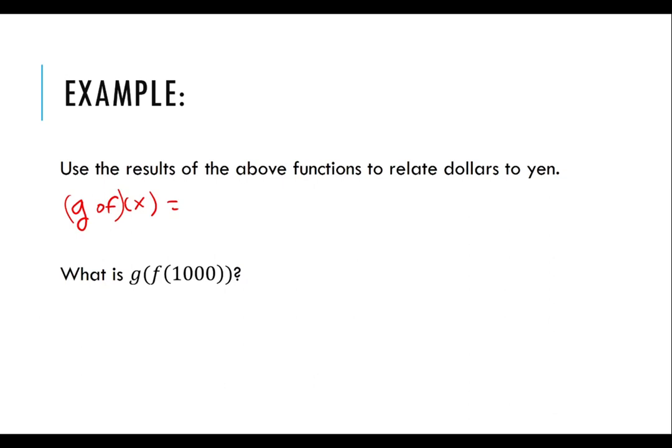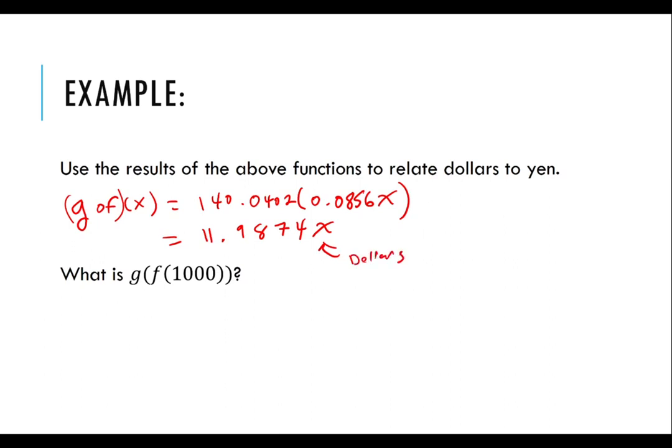So g of f of x is going to be 140.0402 times the function f, which is 0.0856x. Well, then we get a new function, the composite function g of f, that is 11.9874 times x, where I'm rounding to 4 decimal places, and specifically x is the input in dollars and the output is in yen.